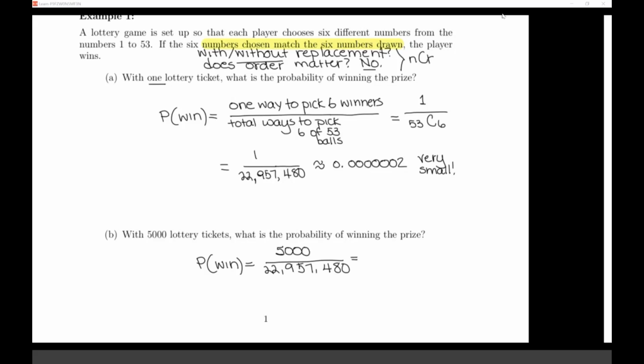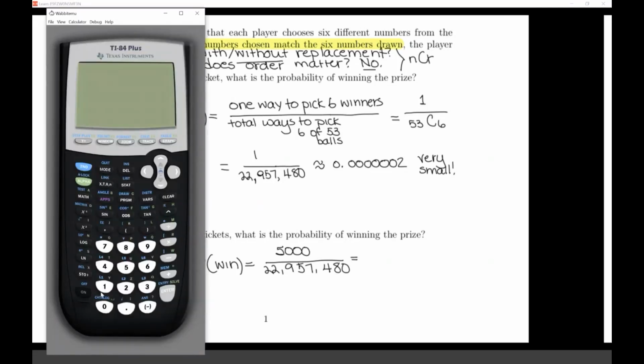So I'm going to open up my calculator so you can see what this number is. 22,957,480. It gave it to me in scientific notation. The answer isn't 2.17. See this e to the minus 4? What the calculator's telling me to do is move the decimal point 4 places to the left.